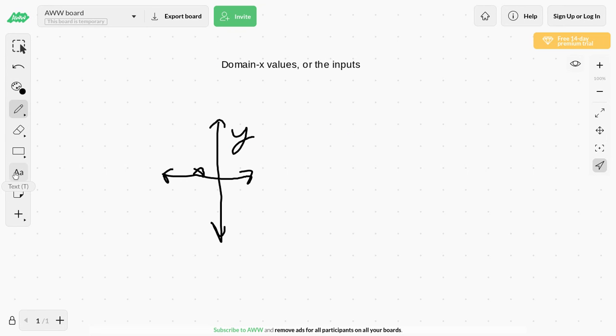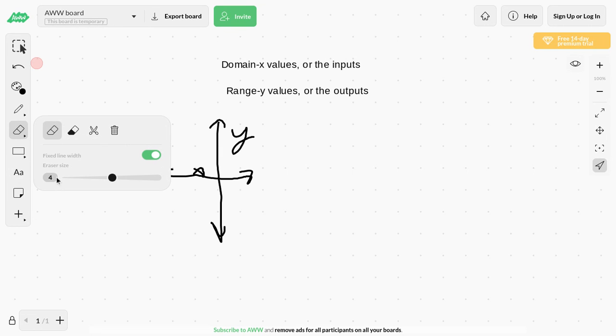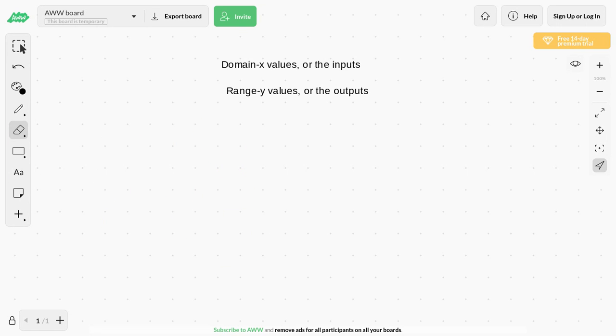Okay, but the domain values are right there, and then the range are the y values, or the outputs. And then, okay, let me get rid of that.